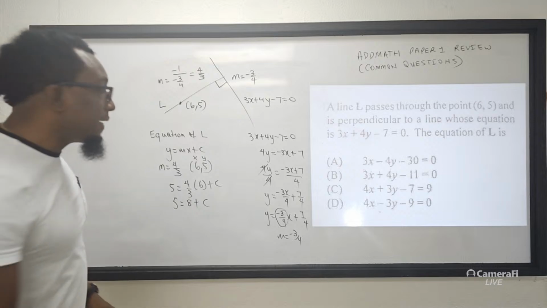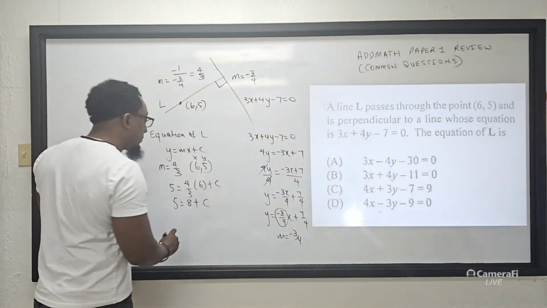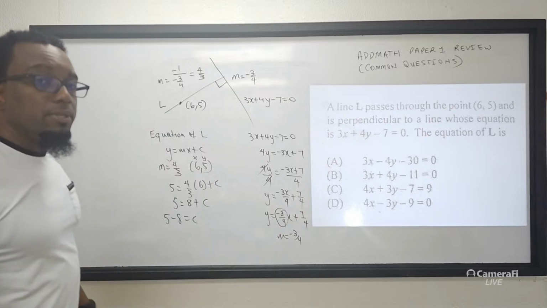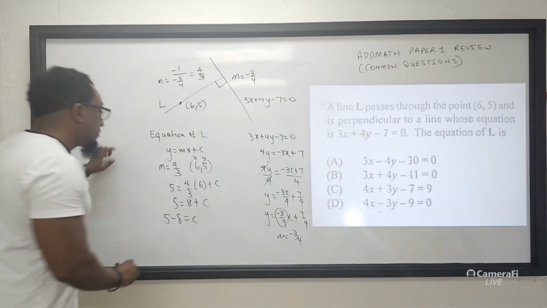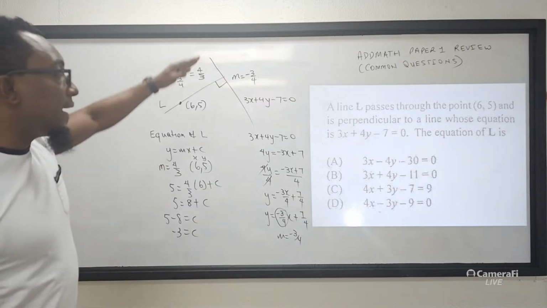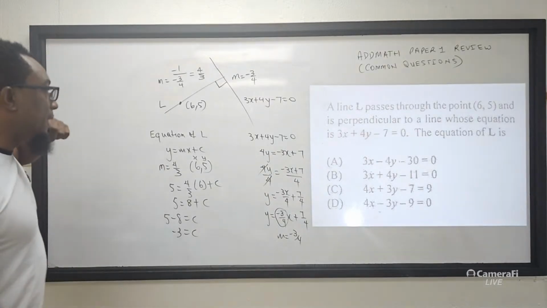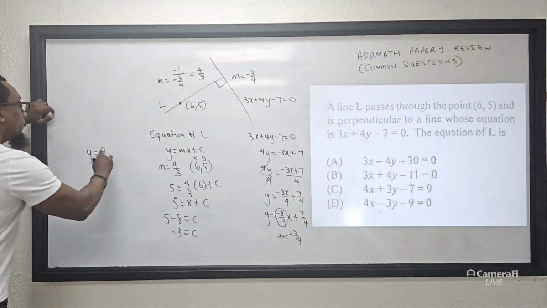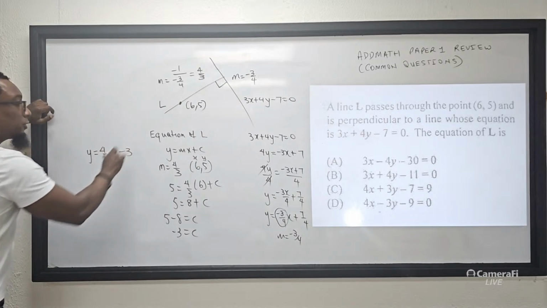To get c by itself, I'm going to subtract 8 from both sides. So positive 8 comes across to the left as negative 8, and c is negative 3. So the equation of this line L can be written as y is equal to 4 over 3x subtract 3.